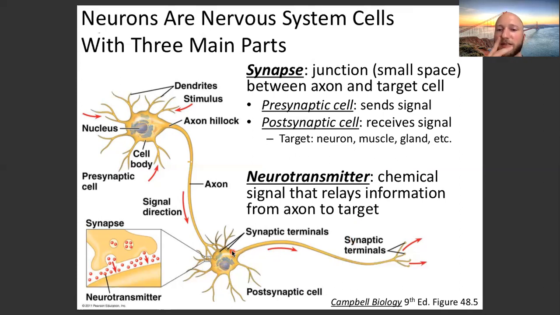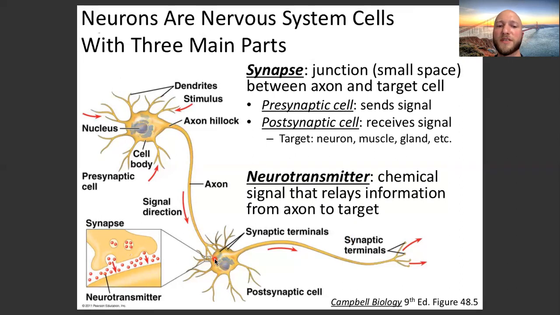The neurotransmitters are these chemical messengers that go across the synapse. So in most situations, we're going to talk about the exception, but in most situations, this cell decides it wants to send a signal. It's going to send that signal down the axon in the form of an electrical signal.